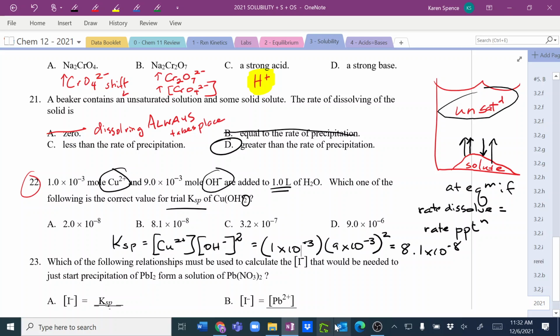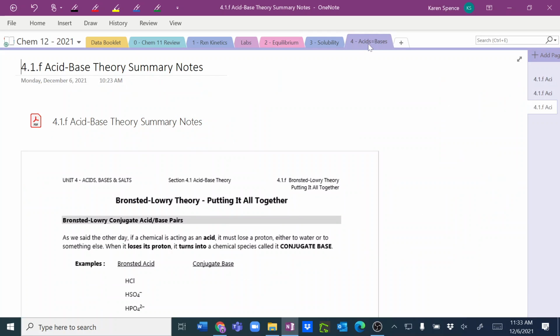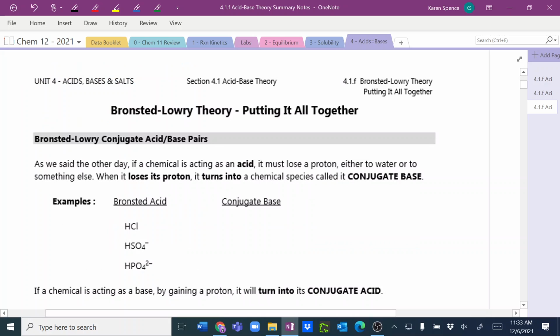Okay. So I think at this point it would be nice for us to do a little acid-base stuff, and get a little fresh perspective. I know that going through those questions makes me a little tired. So we are going to look at 4.1F that you just got today.